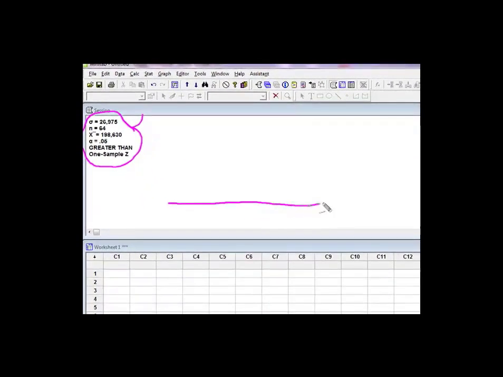So for a second here, I'm going to use Minitab as my whiteboard. Not a very good normal curve. But let's say that this is my z-score, right, which is my calculated test statistic. The p-value is simply the area in the curve that falls beyond my test statistic. How do I find that?